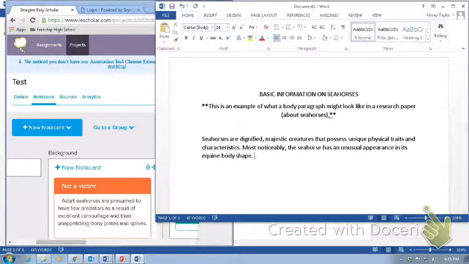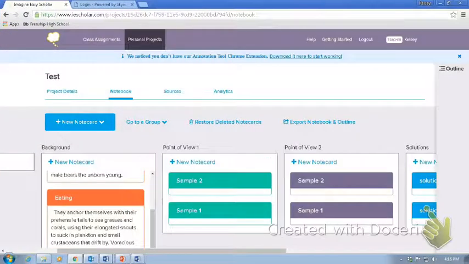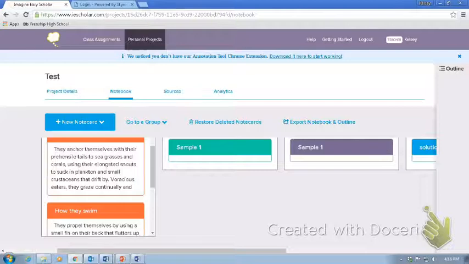So because of the body shape, though, now I want to find something from one of my note cards. So I have over here, and just disregard these other sample note cards.